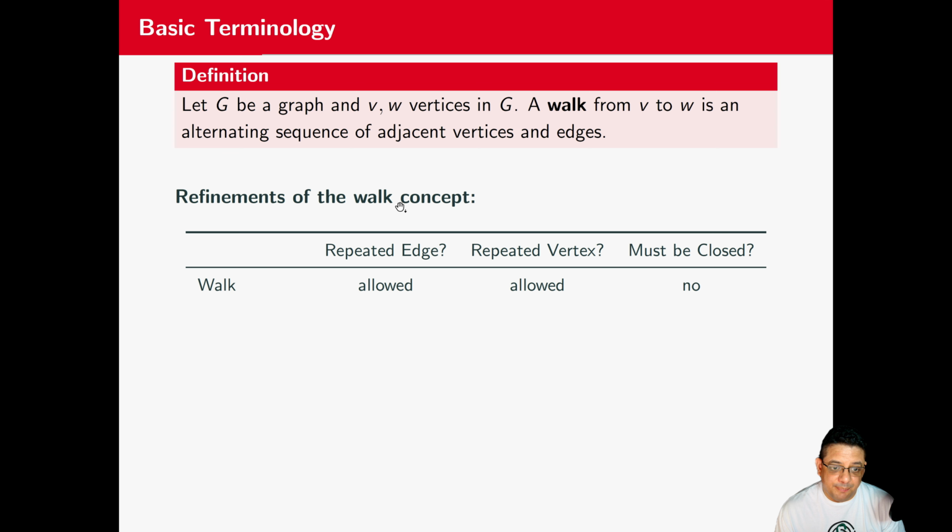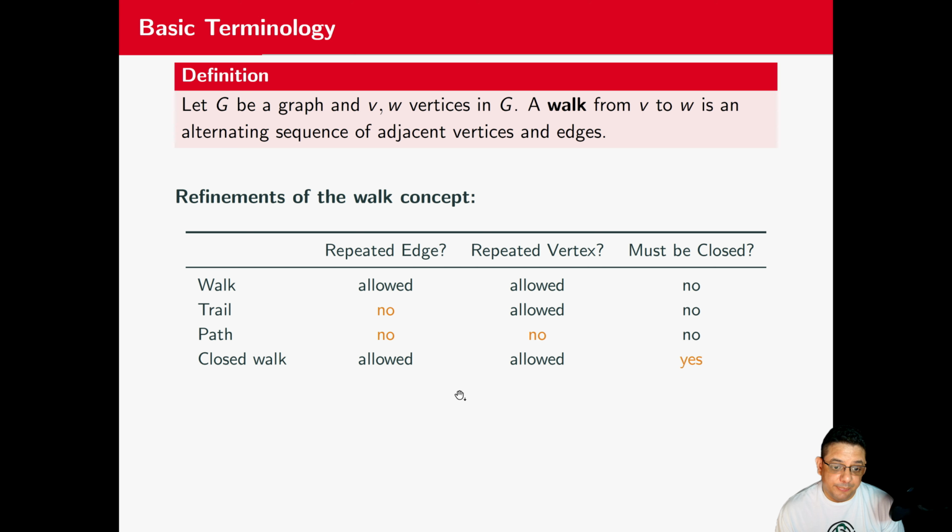If we think about refining the walk concept, a repeated edge is allowed for a walk, and a repeated vertex is allowed, but it must not be closed. If I have a trail, then I cannot have repeated edges, although I can have repeated vertices, and it cannot be closed. In a path, I cannot have repetitions of either edges or vertices, and it cannot be closed either.